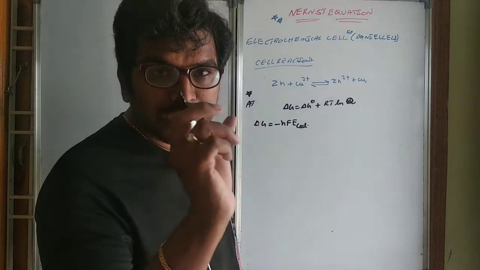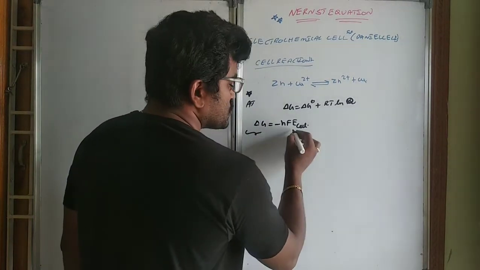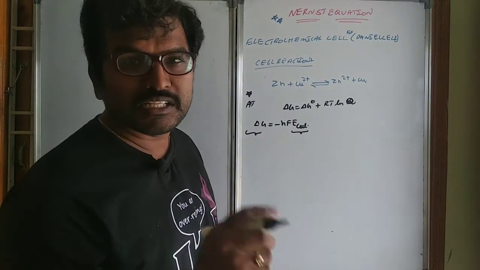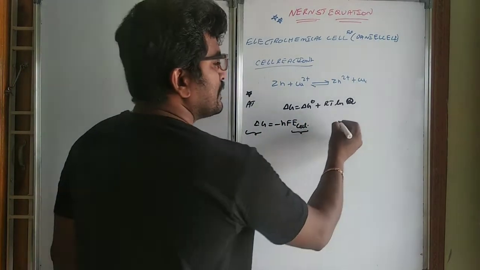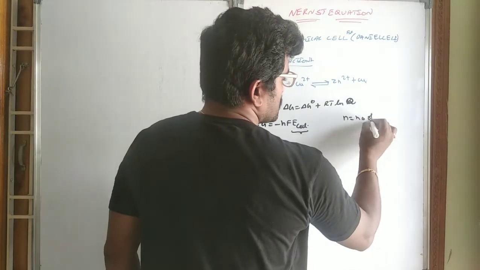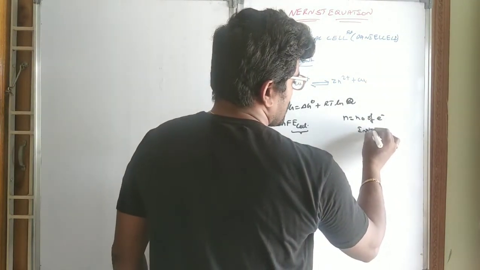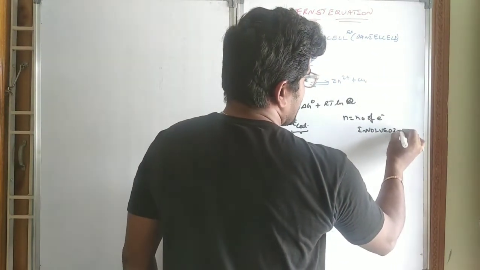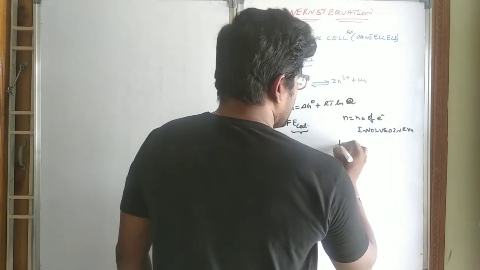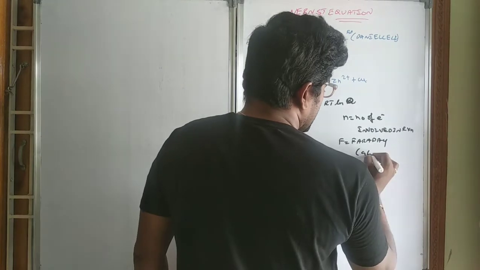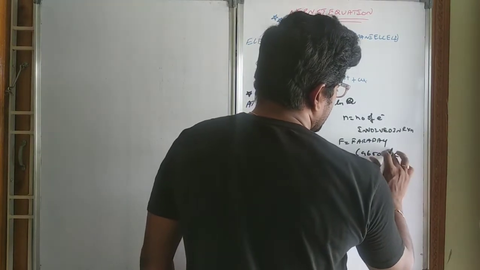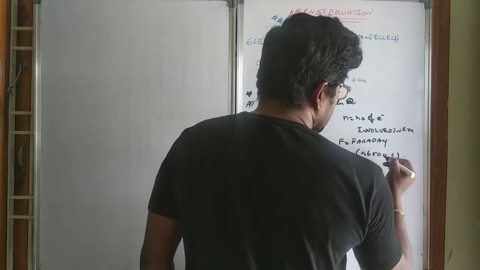The free energy associated with the cell potential is given by delta G equals minus nFE, where n is the number of electrons involved in the reaction and F is the Faraday, that is 96,500 coulombs.